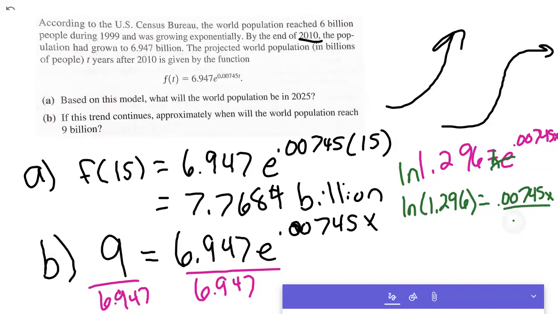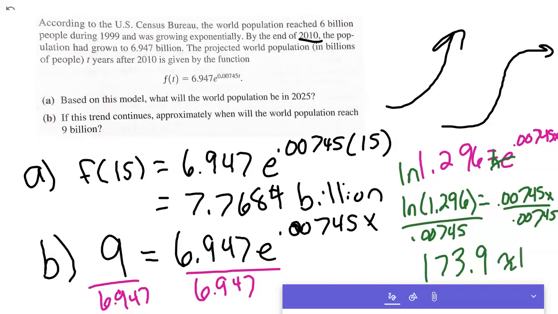So you divide that by 0.00745. And so you take that divided by 0.00745, and you get 173.9 years. So about 174 years.